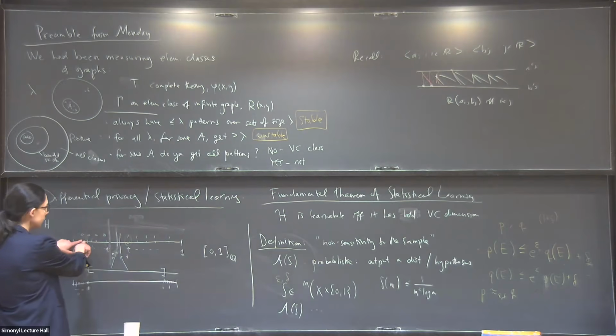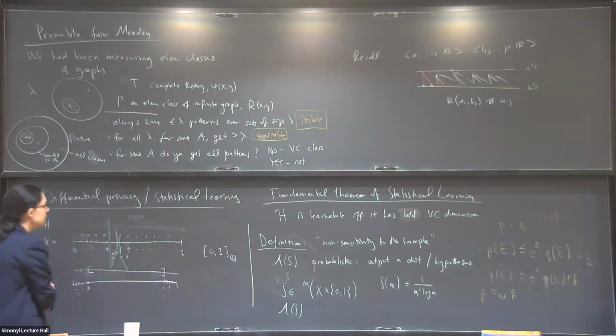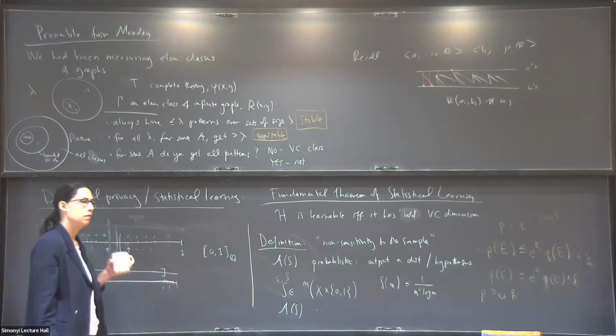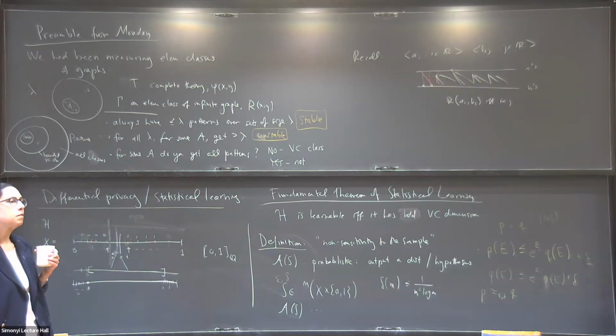But here you've got 4 zeros and 4 ones, so what is your algorithm going to do? I'm only counting the number of zeros, and if I got n samples and m zeros, I'll guess m over n.